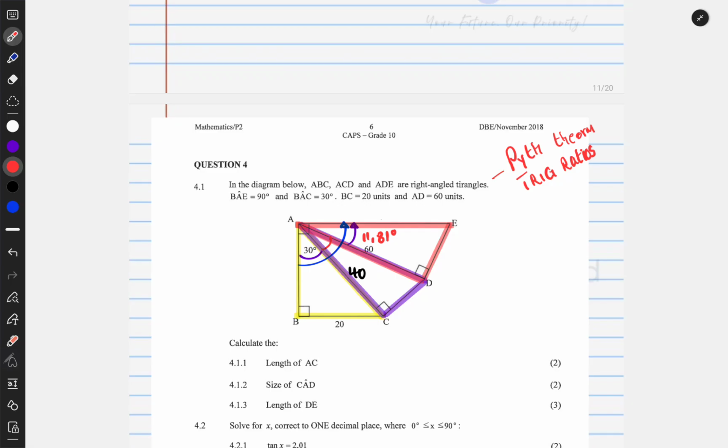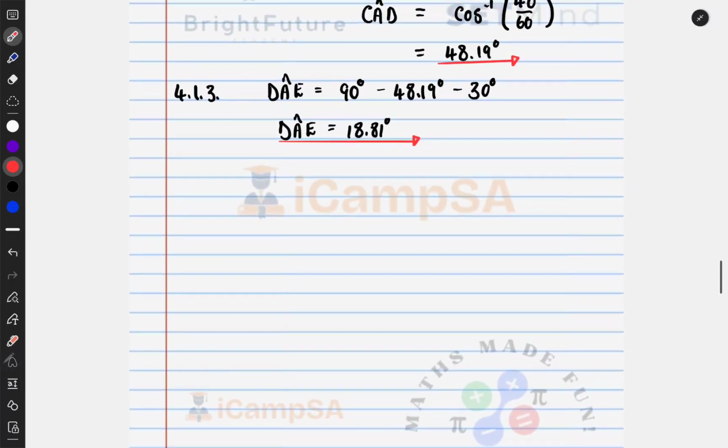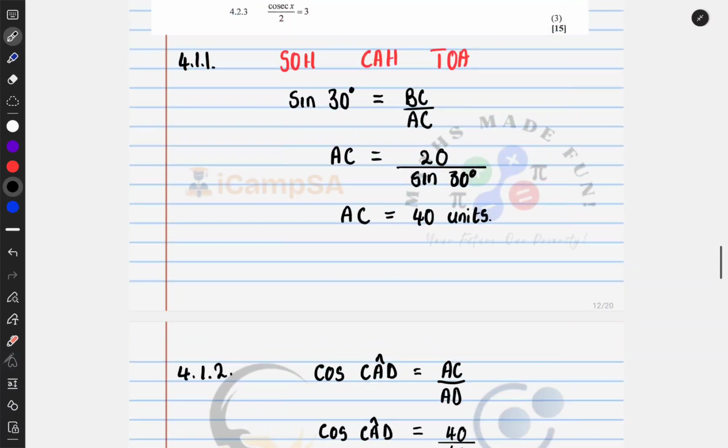Therefore, since we are dealing with the opposite and the adjacent, we can use the tangent. So the tan of angle DAE is equal to the opposite over the adjacent.